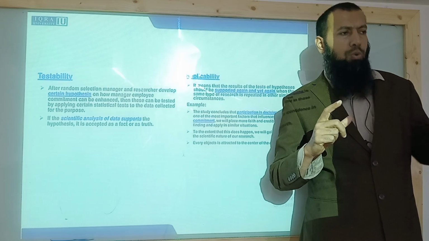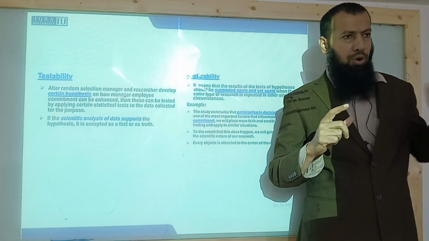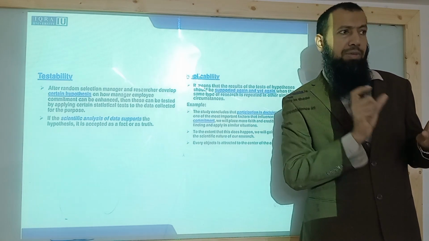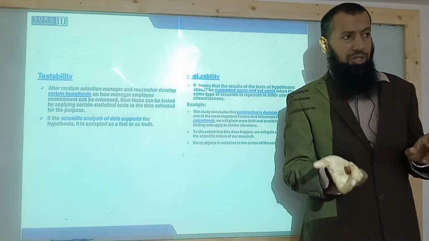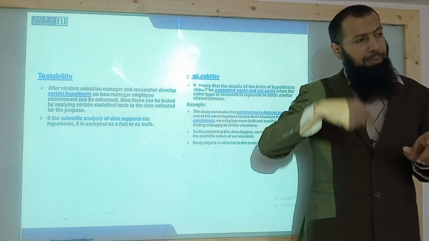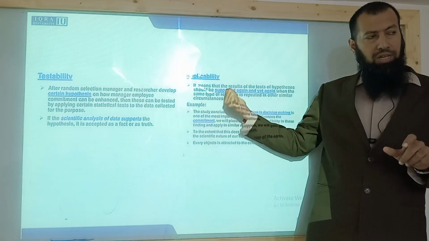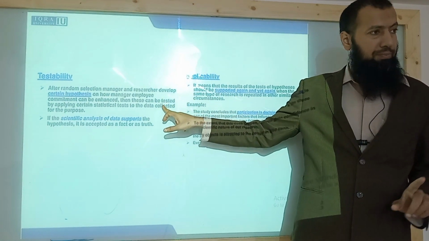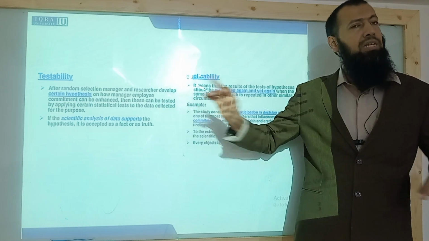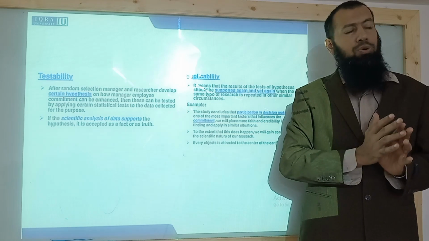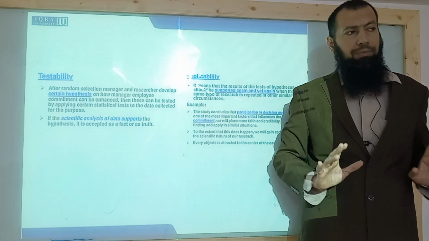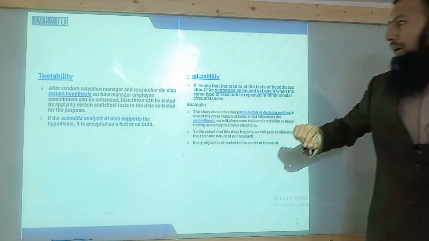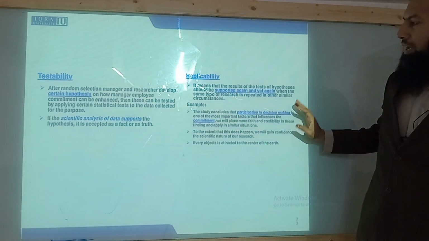For example, we have found 4 variables out of it. So while making hypothesis, we need to develop the relationship. We need to test the relationship. So the relationship must be based on the theory, as we just studied, and it must be tested. If it is not testable, then there is no science behind it. So we ensure the testability of that. Understood? Okay, let's move ahead.